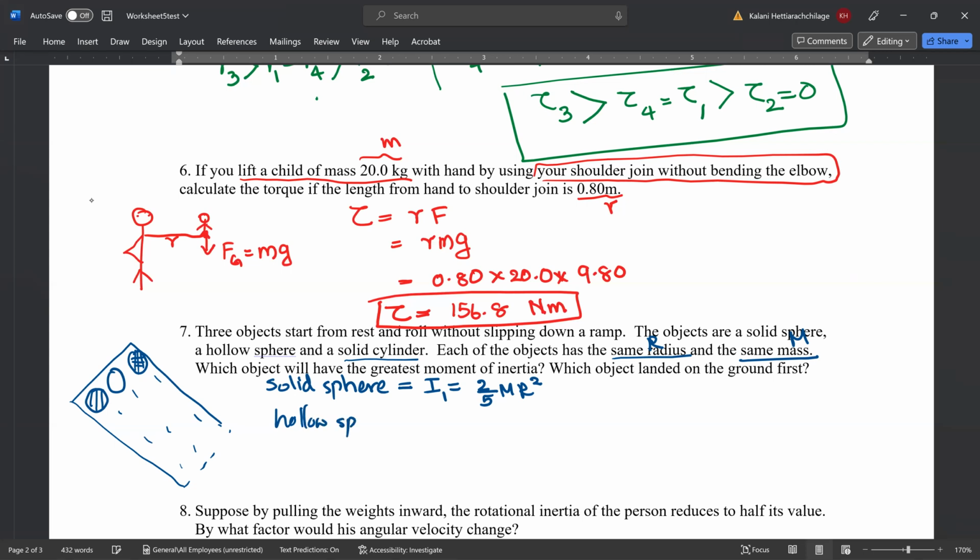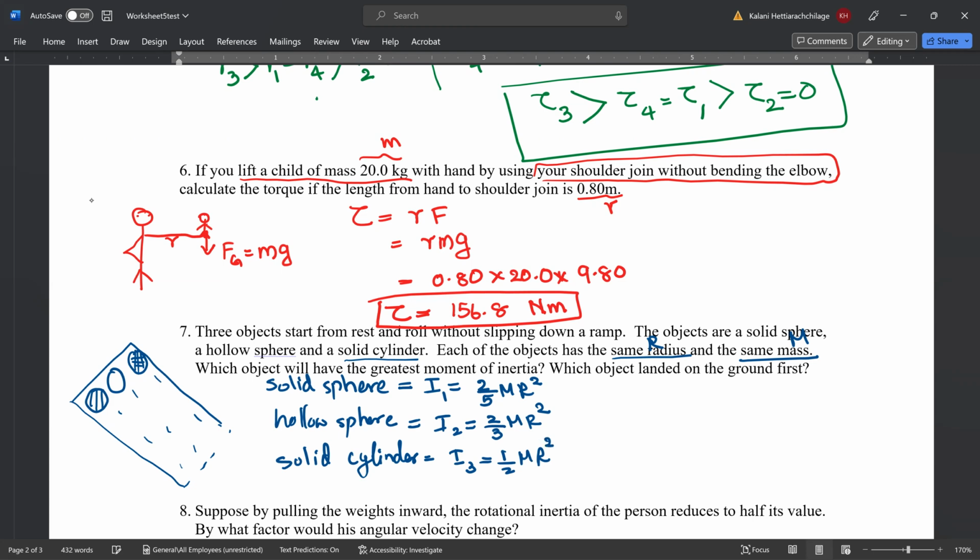We know that the hollow sphere should have a greater moment of inertia than the solid sphere. I pick from the table 2/3 m r squared. The next one is the solid cylinder. I'm going to label it I3, which has 1/2 m r squared.